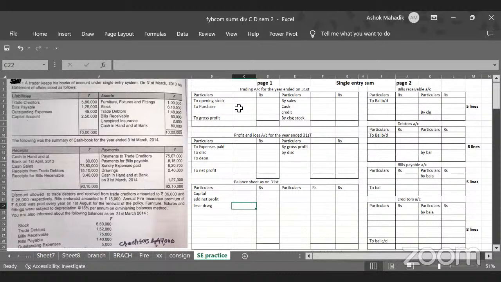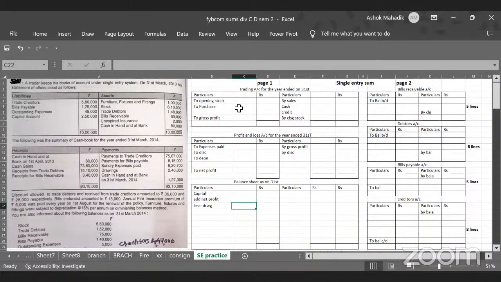I have given one additional balance, that is of creditors. In the original sum, we were given GP percentage, and by using that, you have to find out purchases. But don't expect that level of sum at your level. So I have removed that adjustment and put creditors closing balance. So let us start, students.